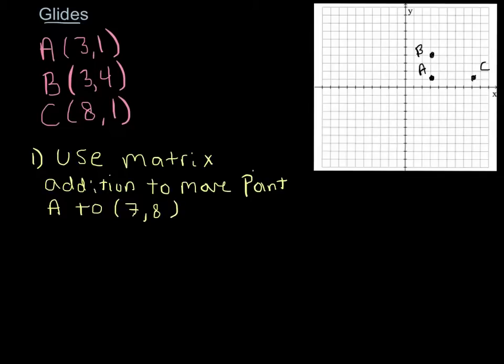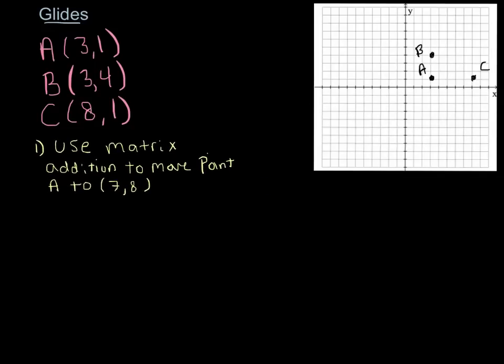Okay, so let's first write point A in matrix form, 3, 1. And so what we're saying is we want to move it to the point 7, 8. Well, matrix addition just requires that we add the right matrix to it, and what we know we have to end up with is 7, 8.